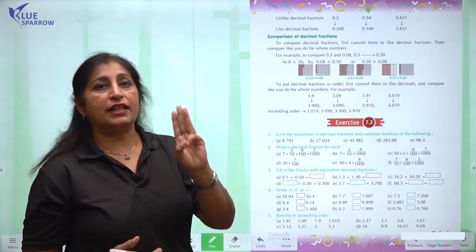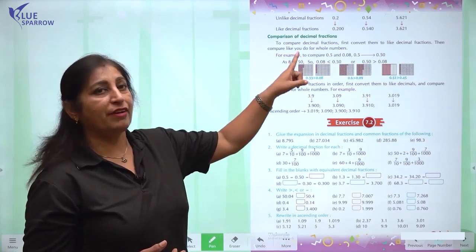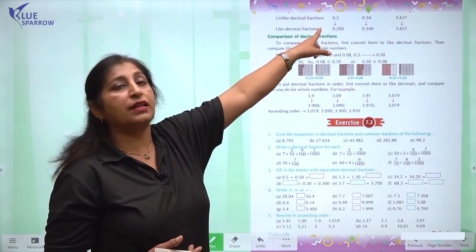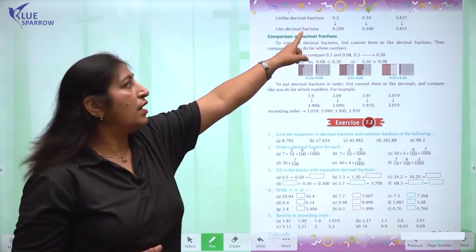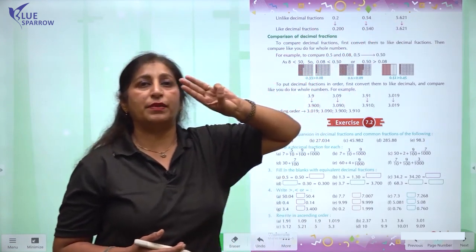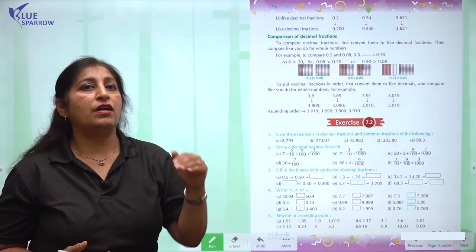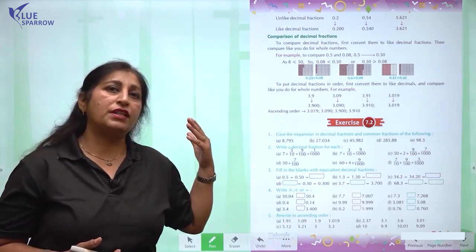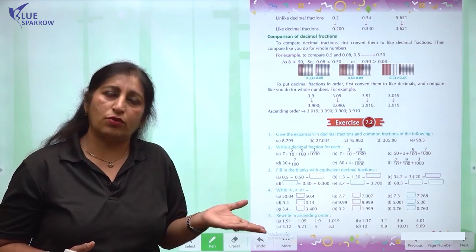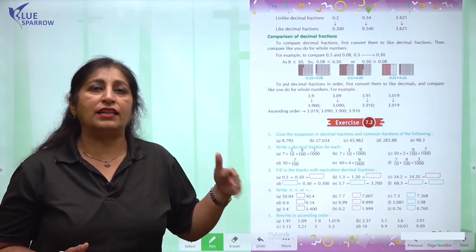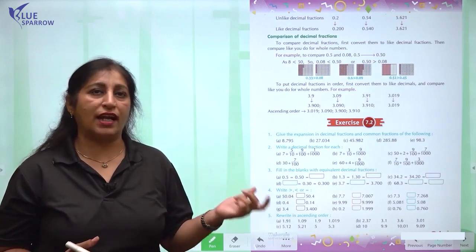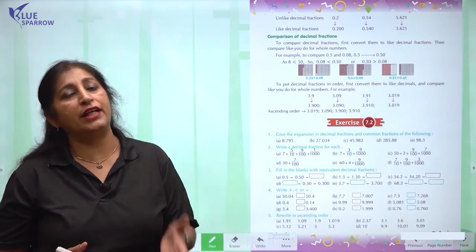If we are given three decimal fractions 0.2, 0.54 and 5.621, the first number contains only one decimal place, the next contains 2 decimal places, and the third contains 3 decimal places. It means we should have 3 decimal places in all of these numbers to make them like fractions, and we can put as many zeros at the end of the decimal part as needed, because the number of zeros at the end does not change the value of the number.